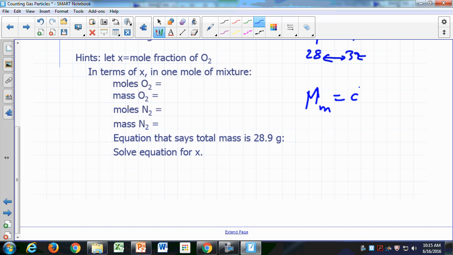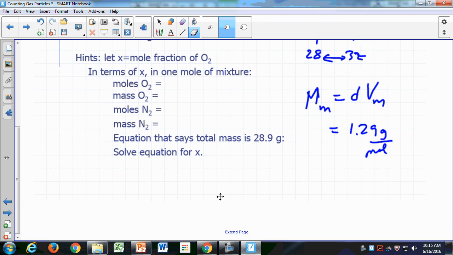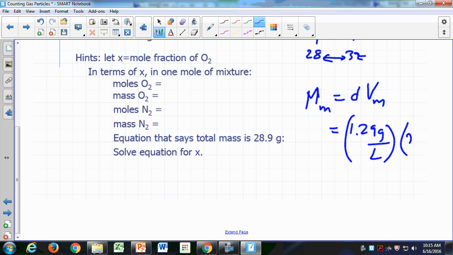Now if you recall, we said that the molar mass is just equal to the vapor density times the molar volume. We're given the vapor density is 1.29 grams per liter at STP, and we know the molar volume at STP is 22.4 liters per mole. So that cancels out liters.